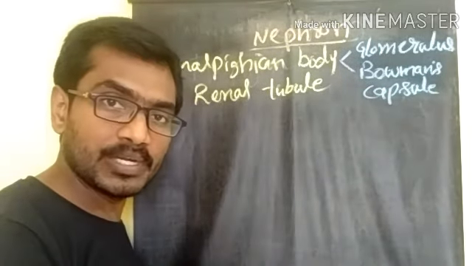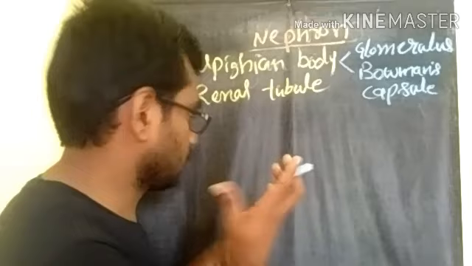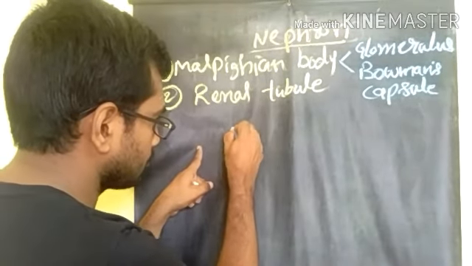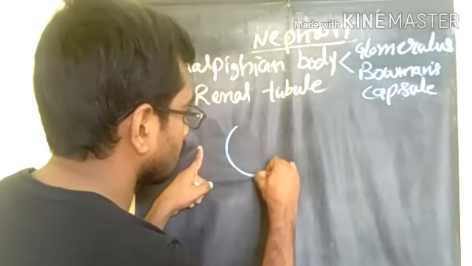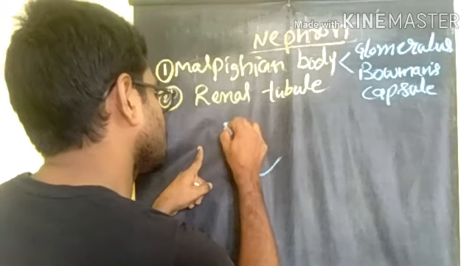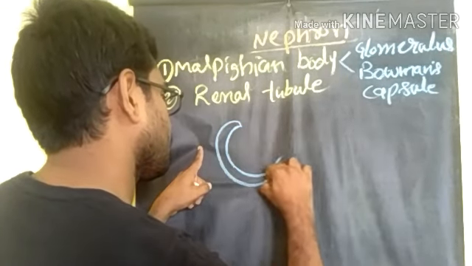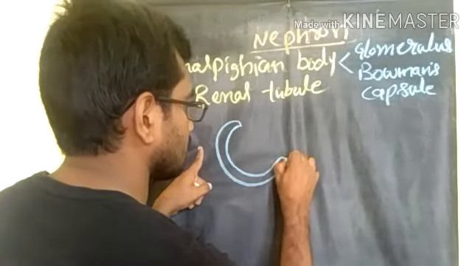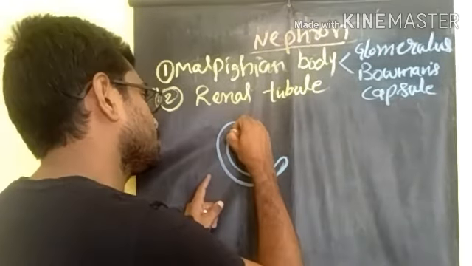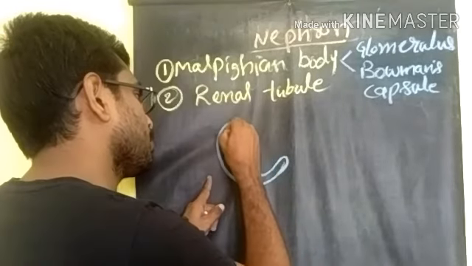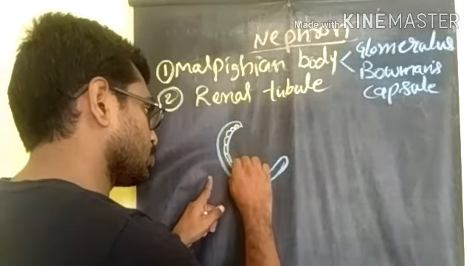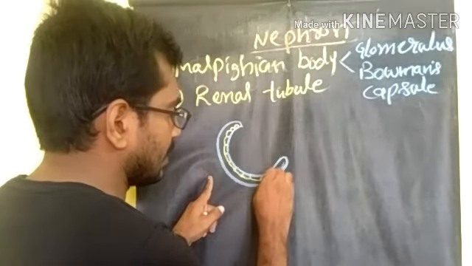Bowman's capsule is a cup-shaped structure. Look at the board, it will be like this. And the walls of this cup-shaped structure are made up of epithelial tissues or epithelial cells.